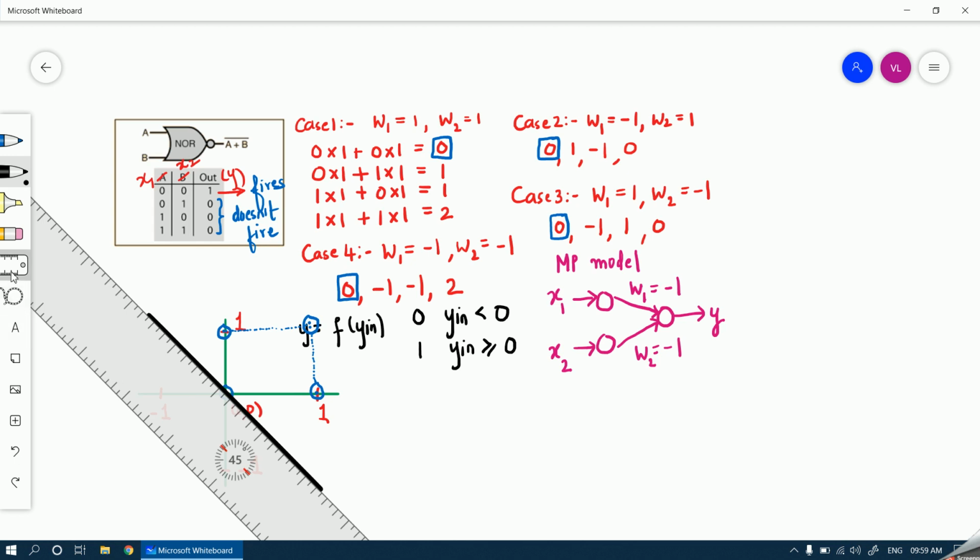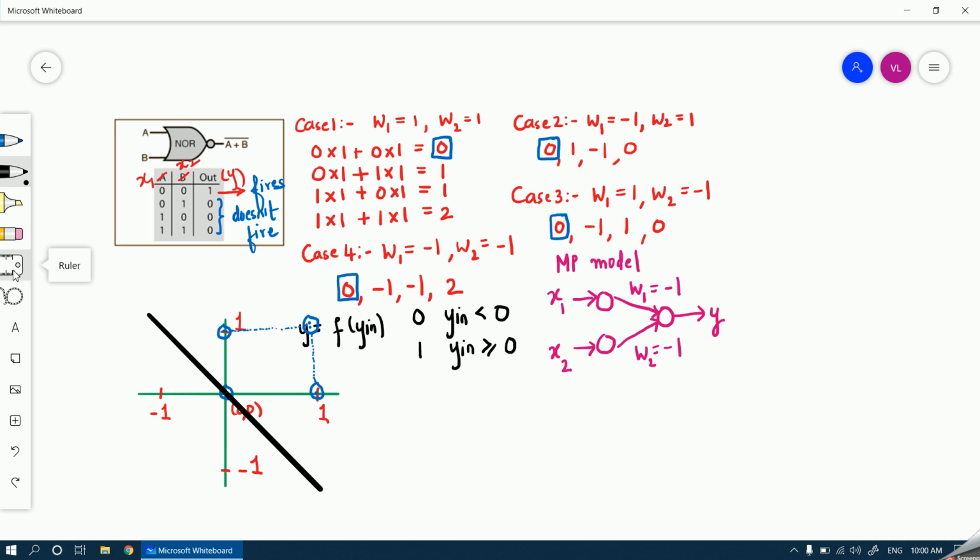Now, the main inference that I want to tell you all over here is, the neuron fires when the points are 0, 0. So all the points which are lying below 0, 0, the neuron will fire. Whereas all the other points which are lying on the upper side or above this line, the neuron will not fire.